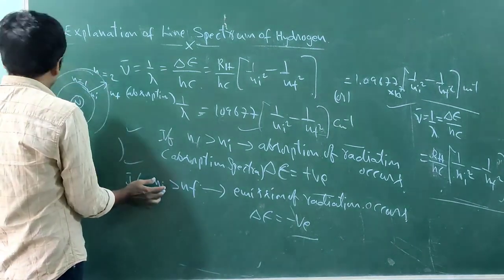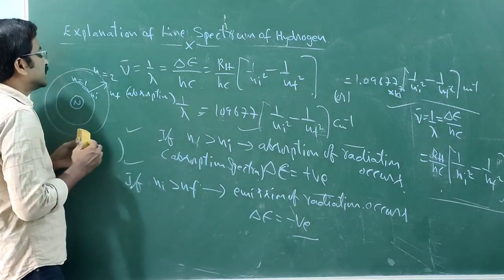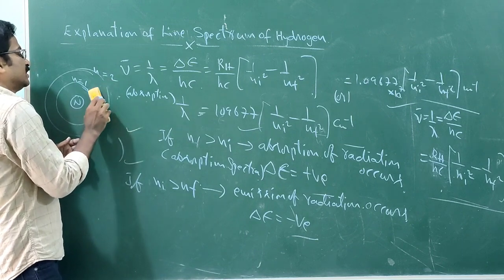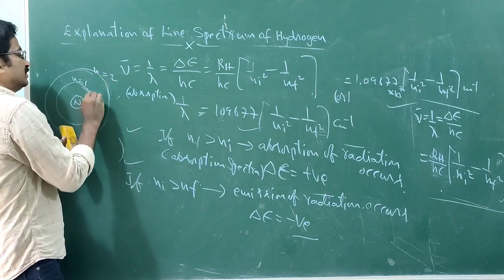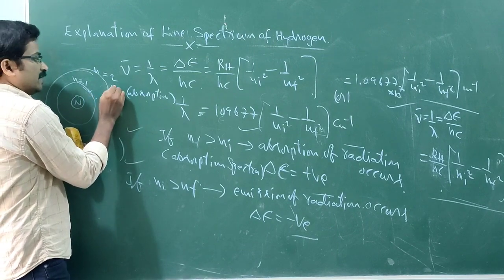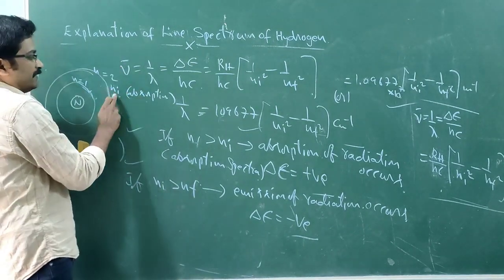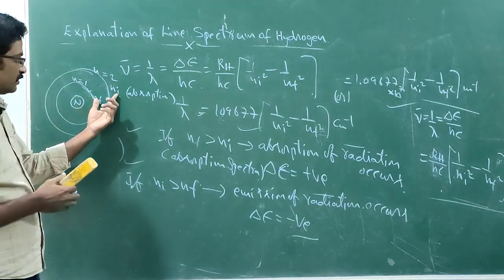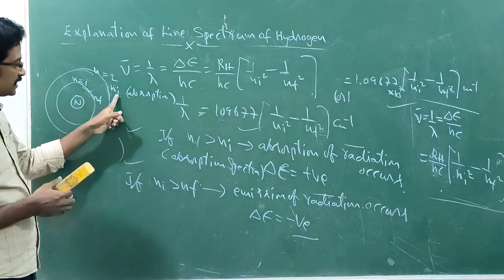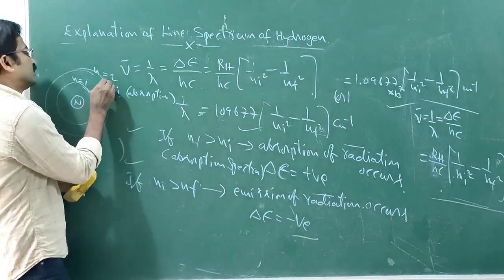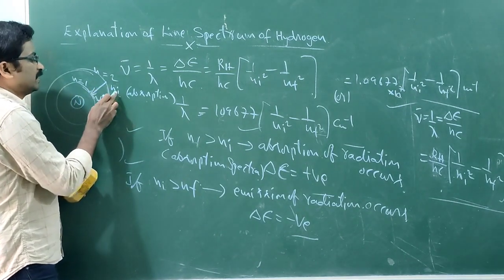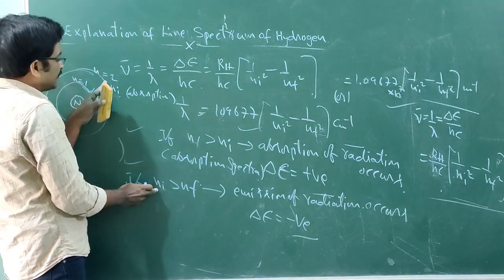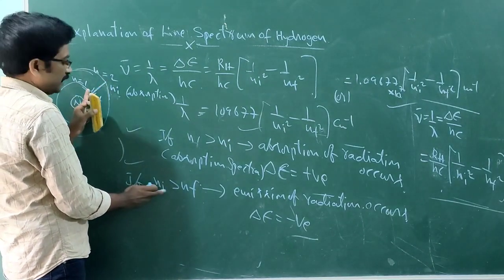Whereas in emission, the initial and final states are changed. The initial point is Ni, the starting point of the electron, and the final state is here. The electron goes from N is equal to 2 to N is equal to 1. That is the reason why Ni is 2 and Nf is 1.